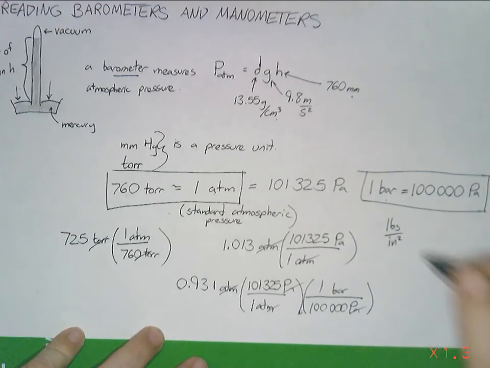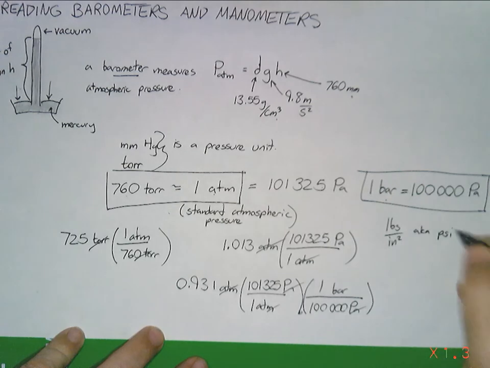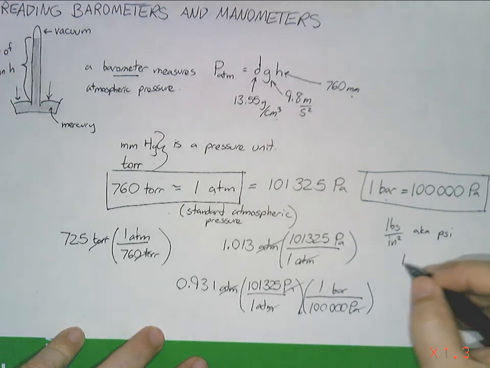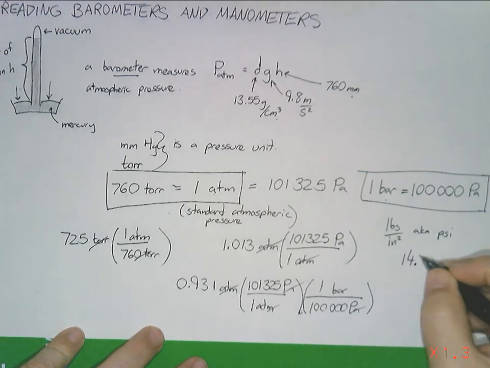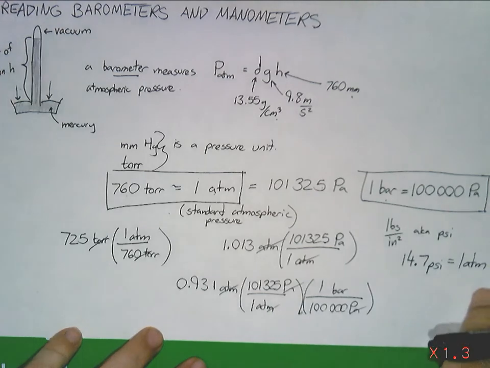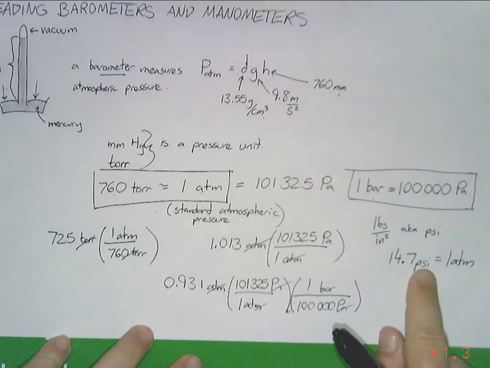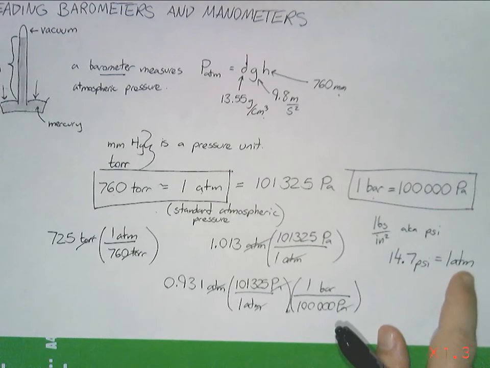That's a force over an area, and sometimes people call that PSI. And atmospheric pressure is about 14.7 PSI. Is 1 atmosphere. You may see that in some of the problems on the homework. They wouldn't expect you to know this. You could go look it up.